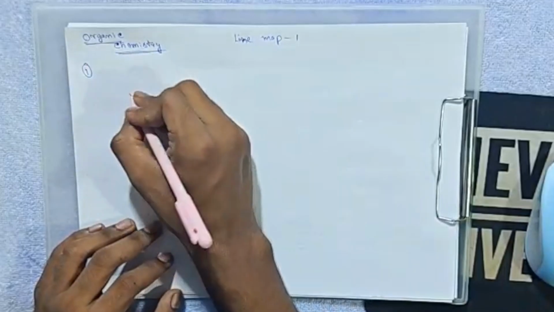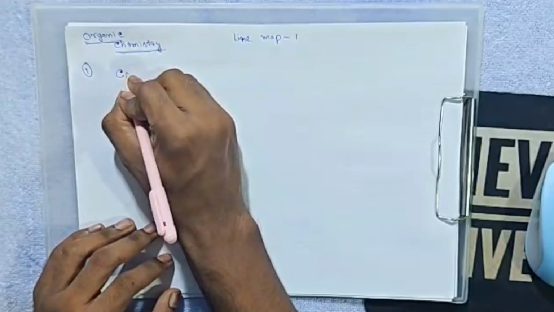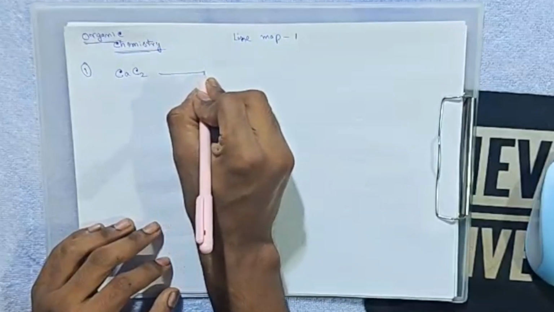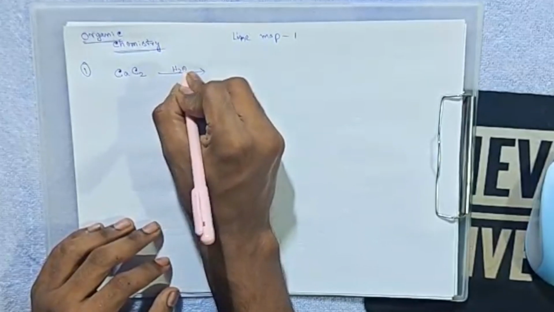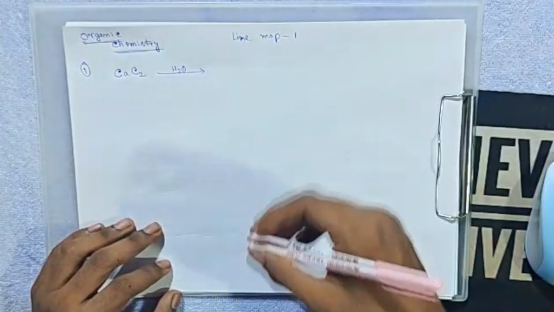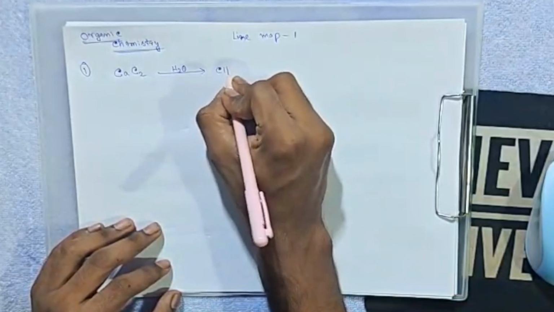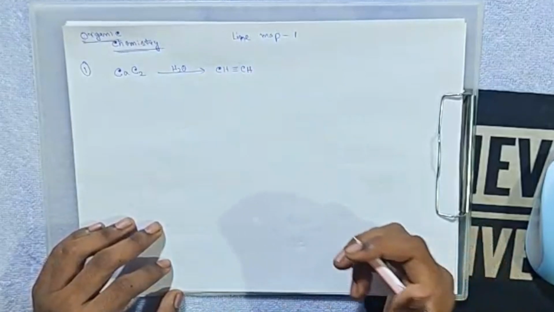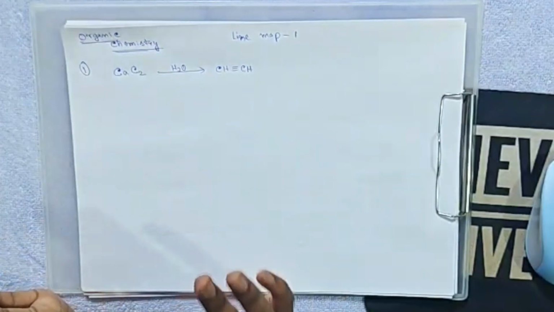First, CaC2, calcium carbide. If you give water to calcium carbide, it converts into CH triple bond CH, that is ethine. This is a very simple reaction, remember this.